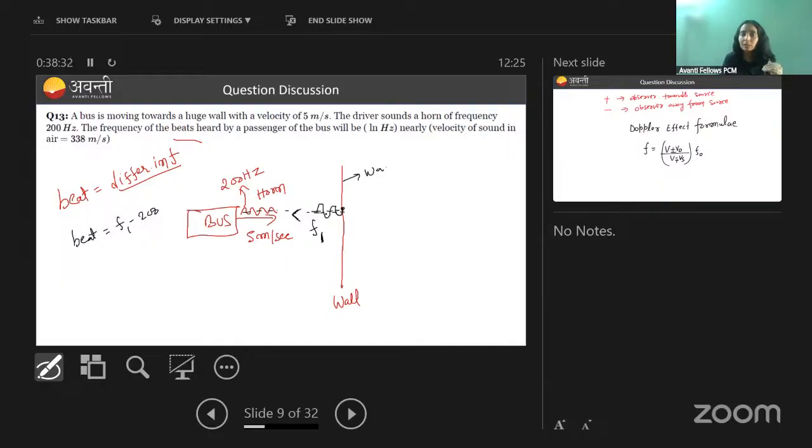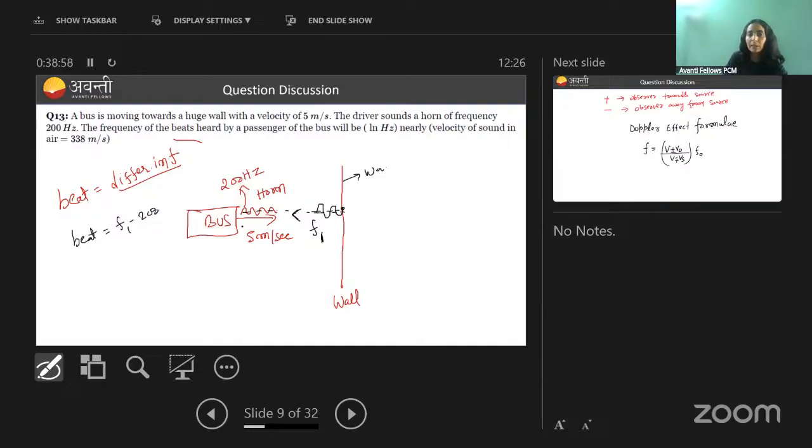First the wall is receiving a frequency of wave, and then it is reproducing that wave. So the question is, which frequency of wave will the wall first receive? Then we will find which frequency wave is getting produced by the wall and heard by the person sitting inside the bus.